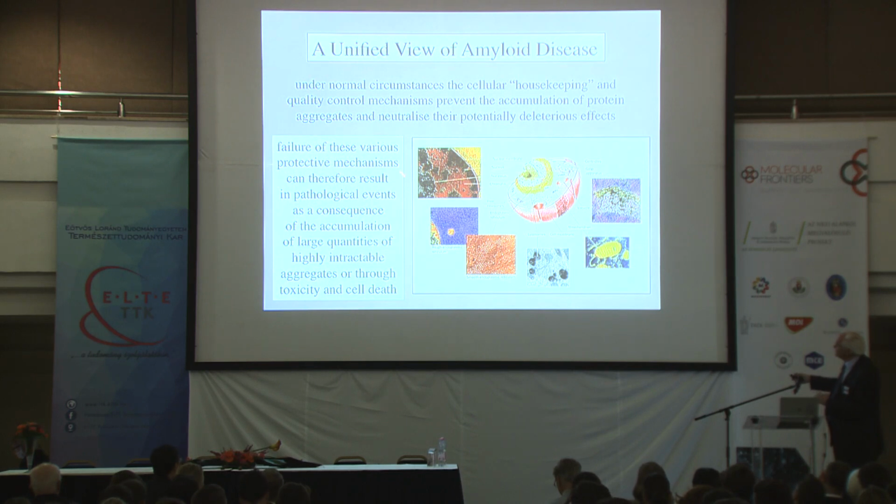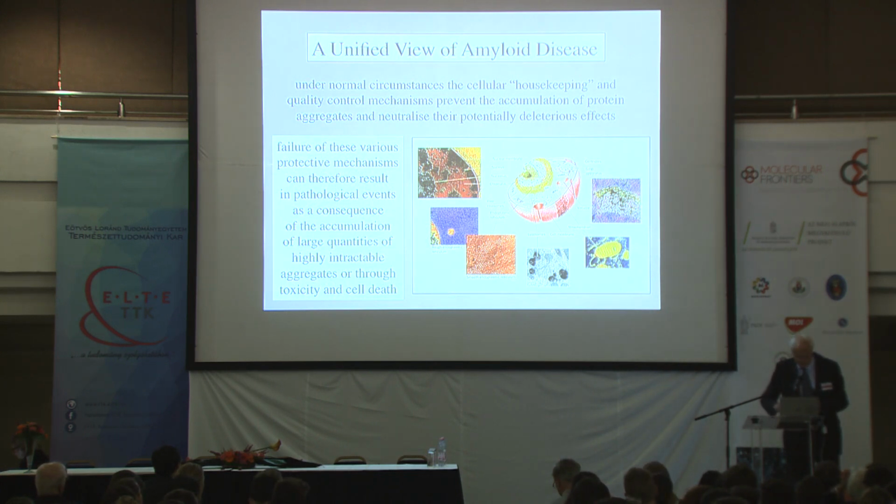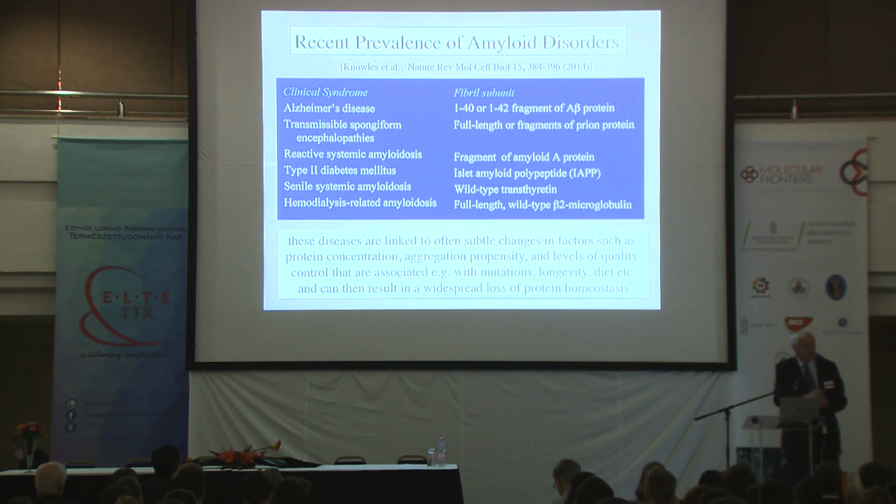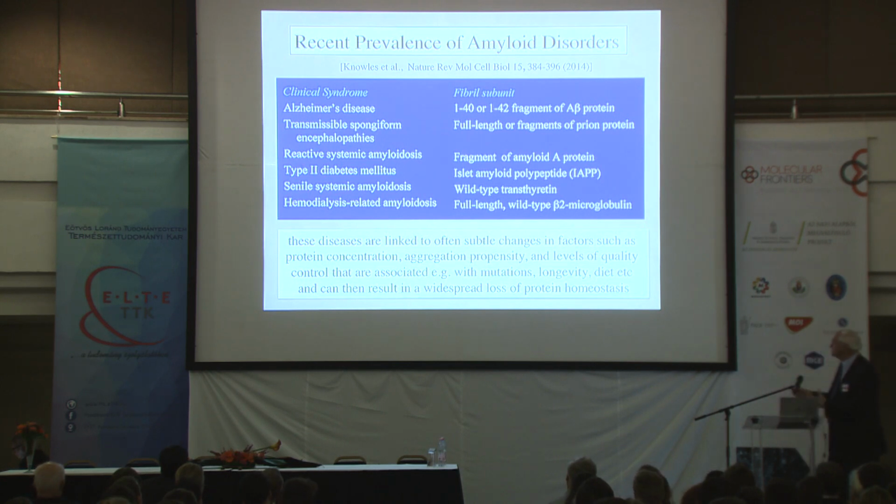And it's the failure of these mechanisms that gives rise to pathology, either because you get loads of this stuff accumulating in your liver, for example, or because you get toxic species that can cause cell death, for example, in the brain. So this was our general view, and we thought, well, why are these diseases now occurring? And we realized if you look at the quality control and the regulation mechanisms, that these are all, if you like, modern diseases.